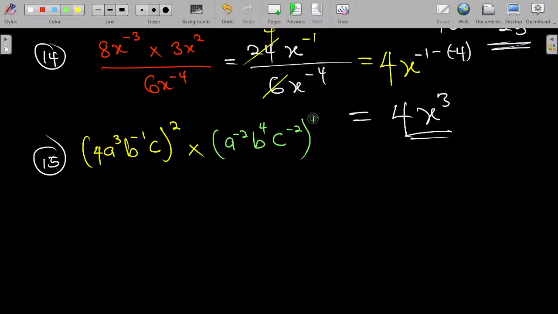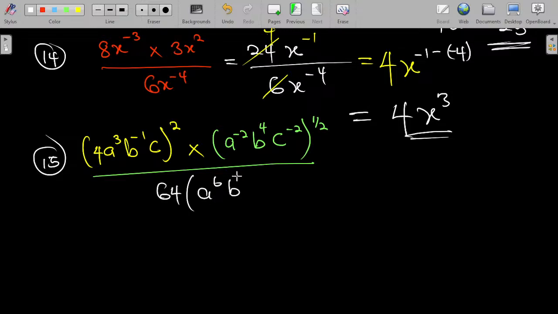Then all over 64 times a to the power of 6, b to the power of 4, and c to the power of 2, all raised to the power of minus half. Wow. Okay. And we are to simplify this.